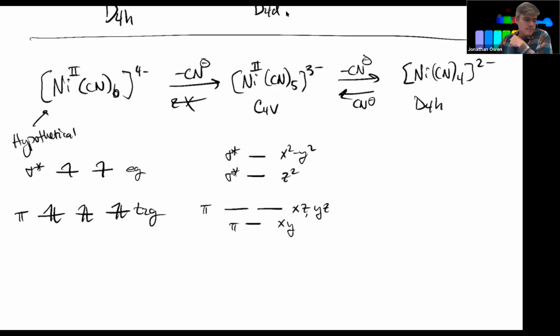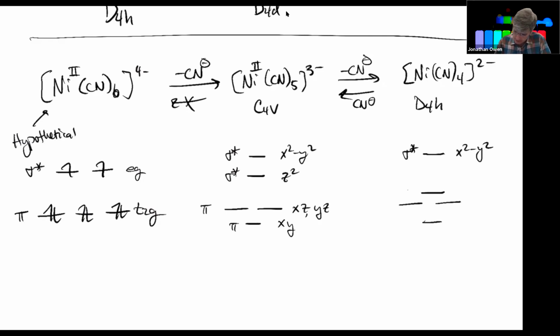So what's going to happen? Well, the same thing is going to happen as it happened last time when we lost one along Z. X squared minus Y squared isn't going anywhere.